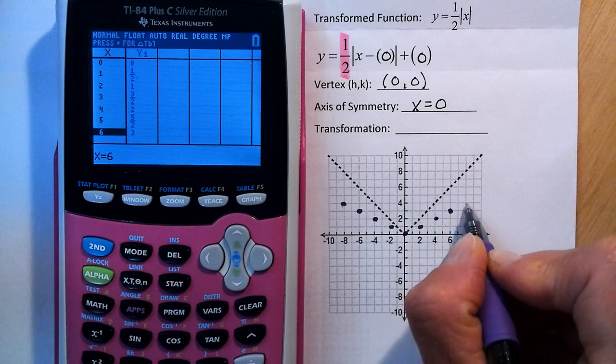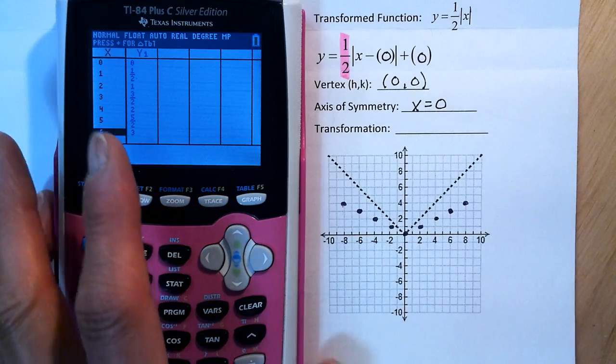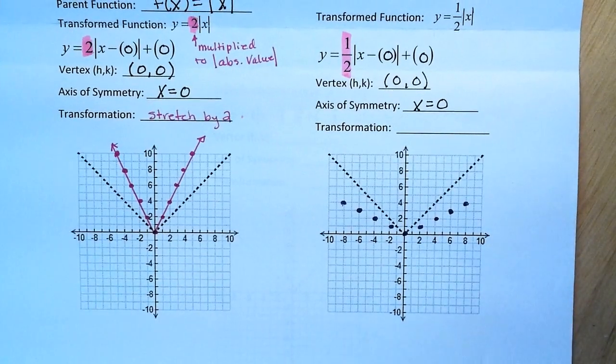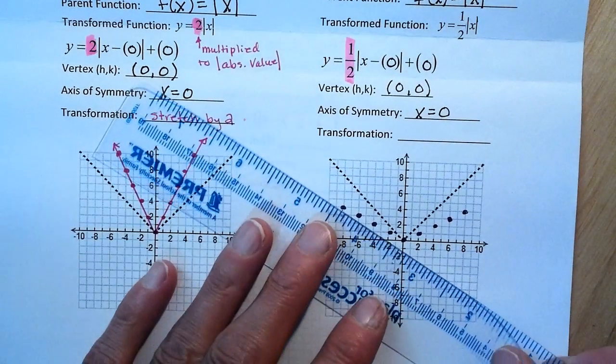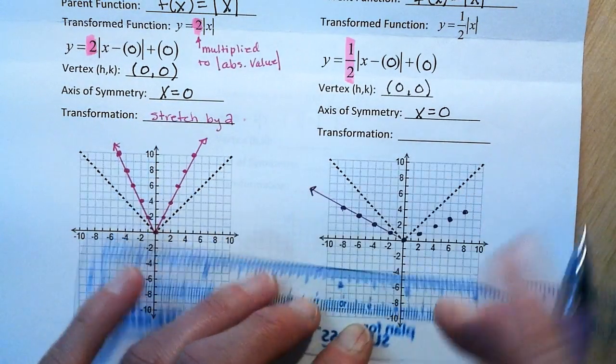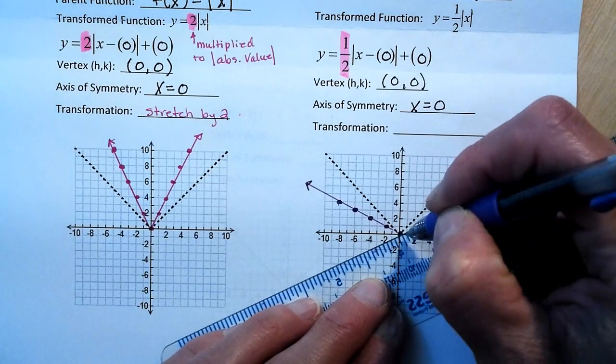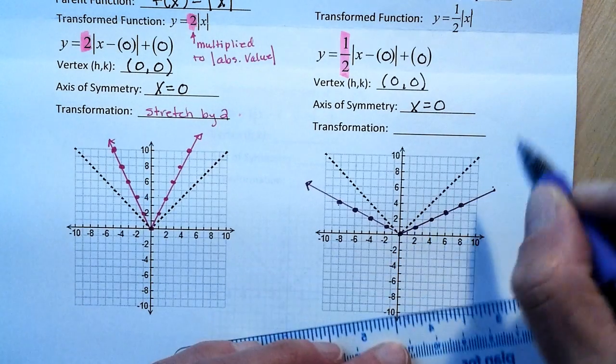And at 8, I'll have 4. Okay? So you can see here what has happened to the function. So I'm going to go ahead and draw it in using a ruler, because this is a straight line, for the absolute value.